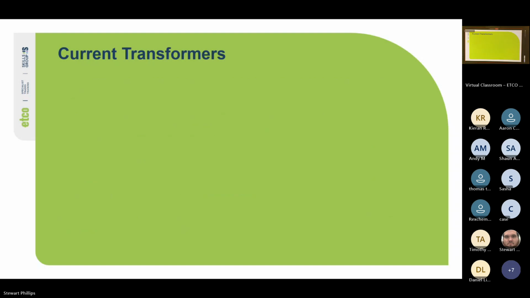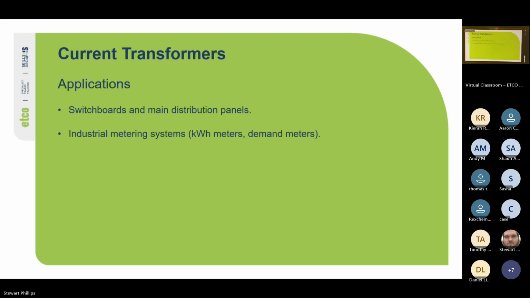Cool. So some typical applications would be your switchboards and your main distribution panels, especially if the current flow is going to reach above 80 amps. Then industrial meters, so kilowatt hour meters and demand meters.